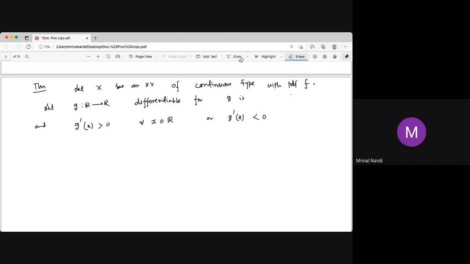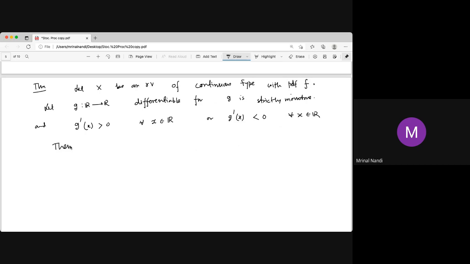Since the derivative is either positive or negative, it is not that somewhere it is positive and somewhere negative. Either it is all positive or all negative.